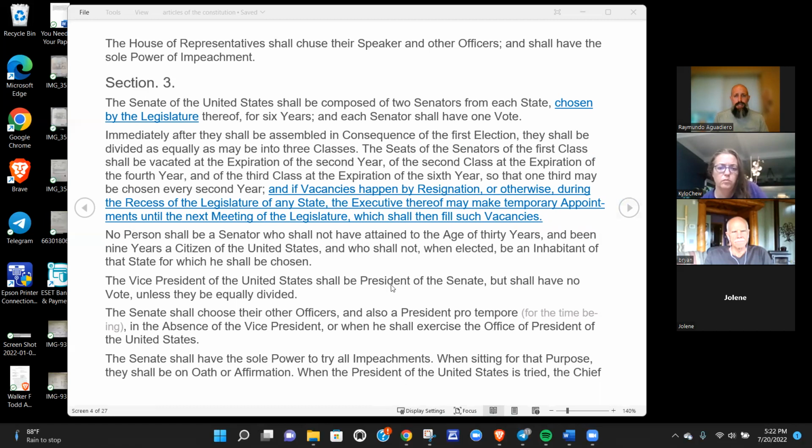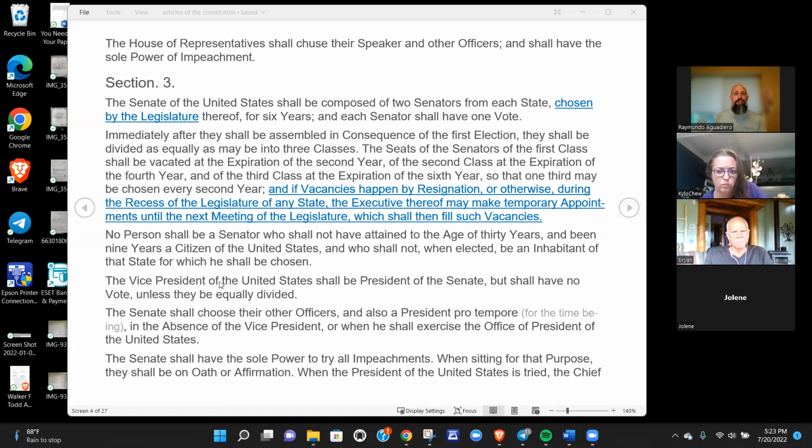And same thing with vacancies. It can be done by the legislature, and if it's during a recess, the president can fill the vacancy. All right, here's the age and citizenship requirement. Got to be an inhabitant of the state.